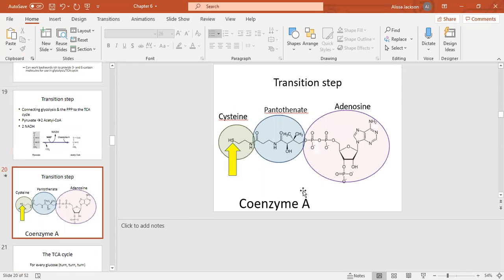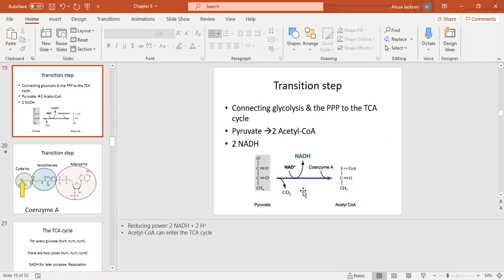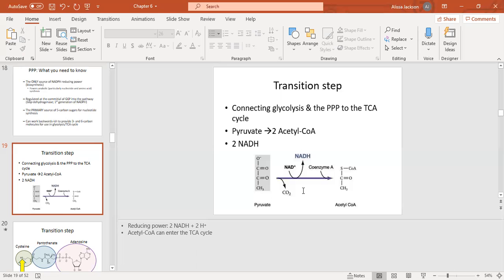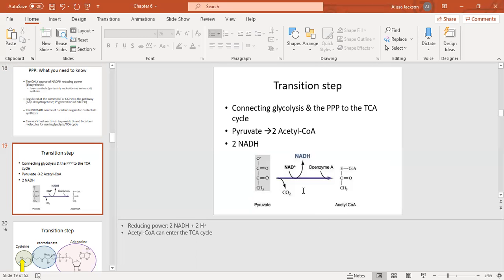In the TCA for ATP. Transition step. Oh, for the transition step. Let's see. That slide right there. Yeah, because the way it's written, it looks like it might be 2 NADH per single pyruvate, but I don't know if that's how he meant for it to come across. Okay.